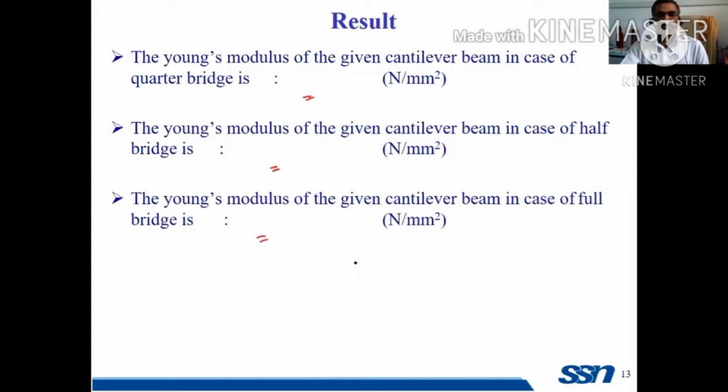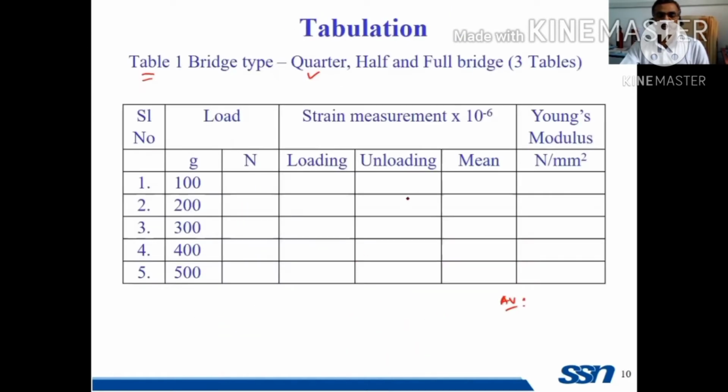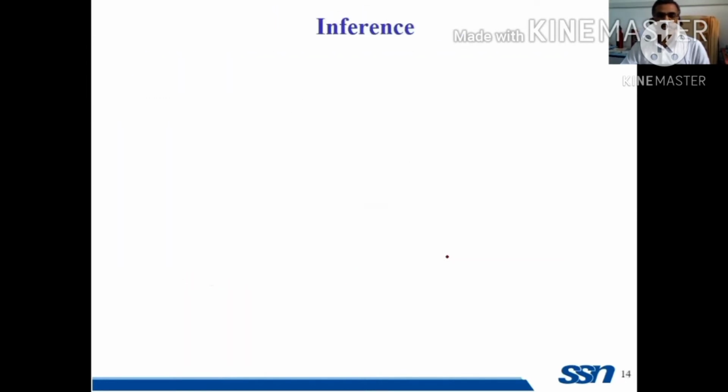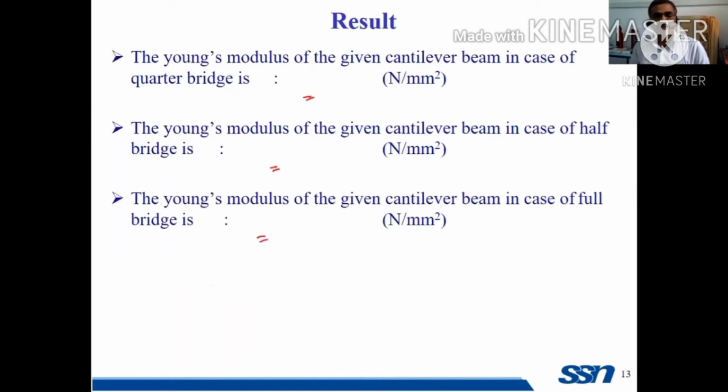You write the value of Young's modulus. So for the quarter bridge, 1 table, half bridge, 1 table, full bridge, another table. So this is the way you have to do the experiments. Finally, you write the results.